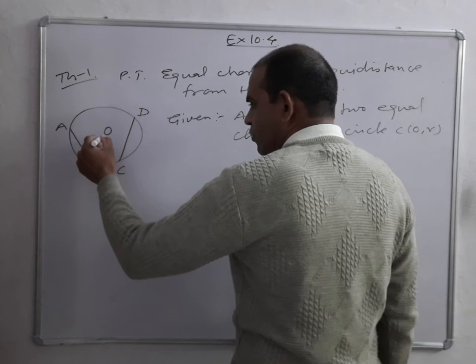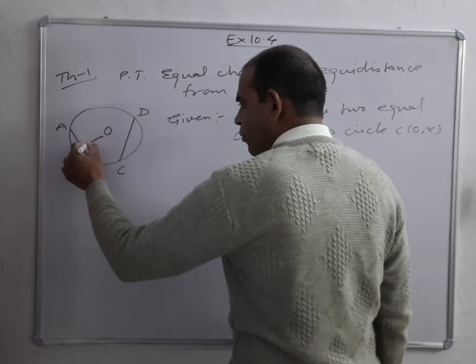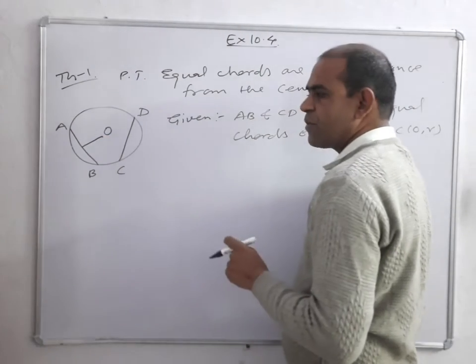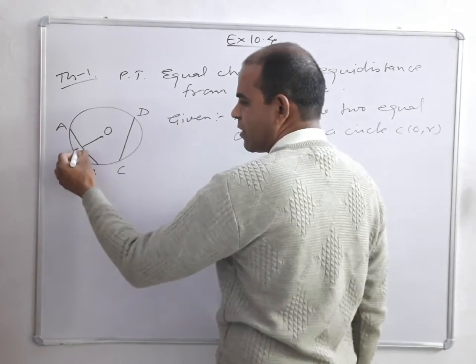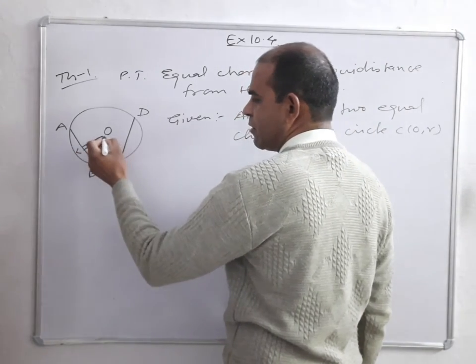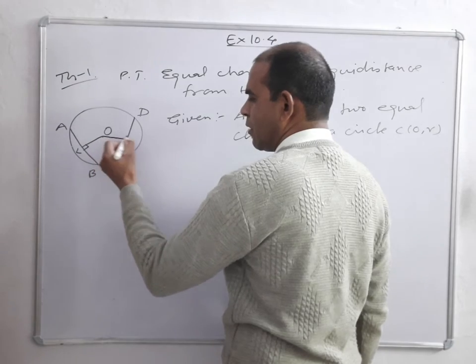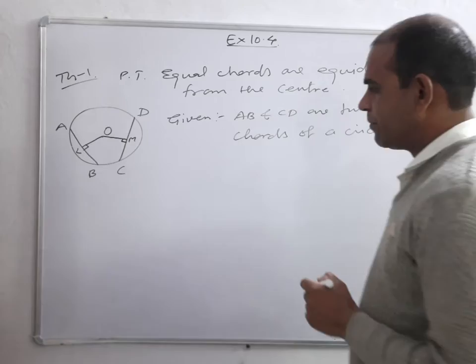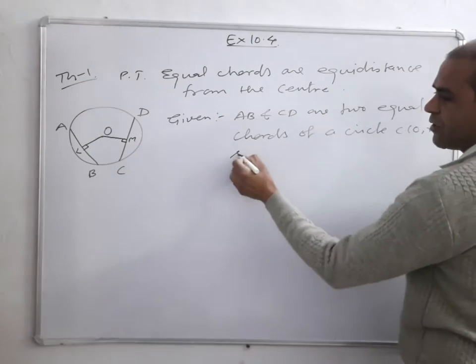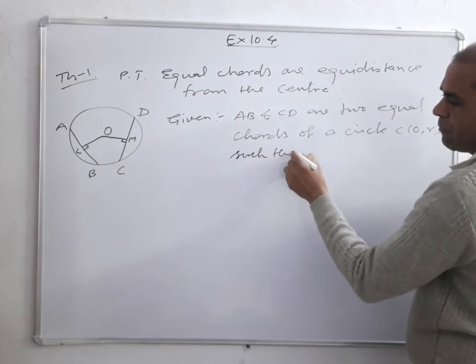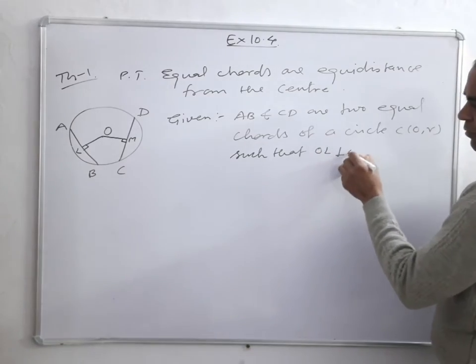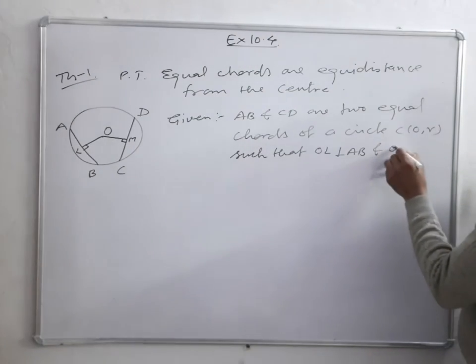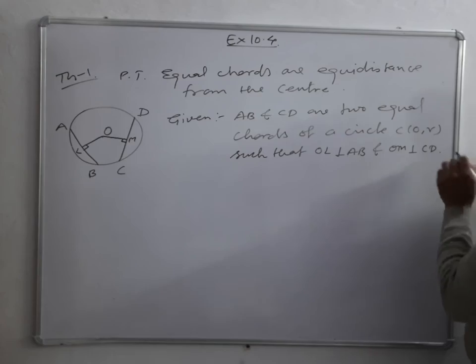And here two perpendiculars, because we are proving the equidistance. So OL is perpendicular to AB and OM is perpendicular to CD.